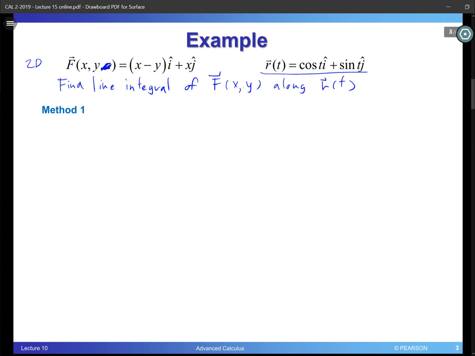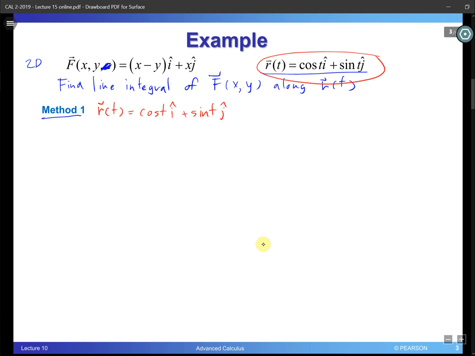Okay, so let's try the way that we had done before in lecture 13 and lecture 14. So what do we have here? We have this r of t equal to cosine t i plus sine t j. At this point, we know that this is the equation for the curve.